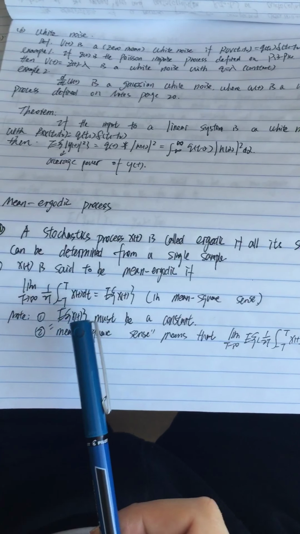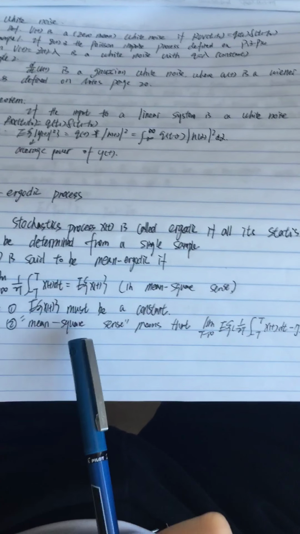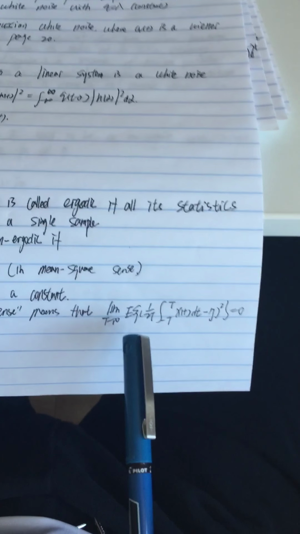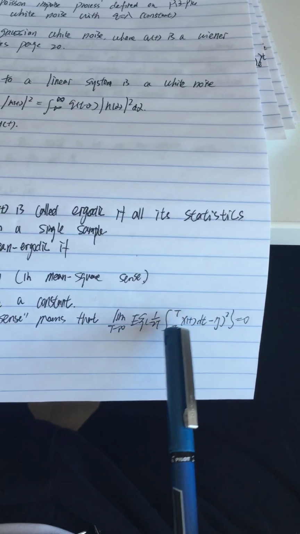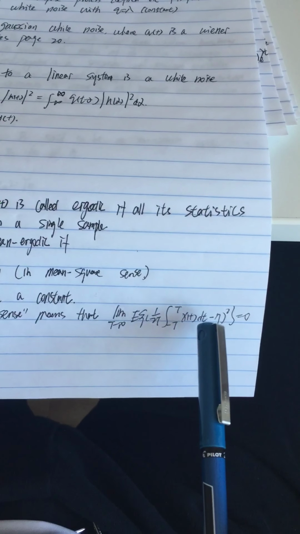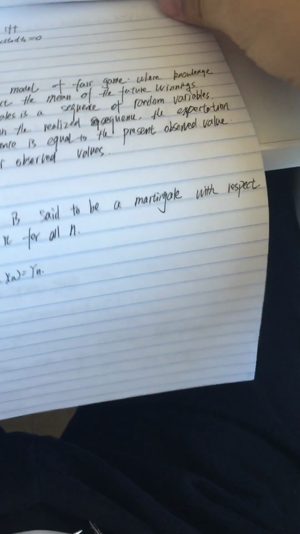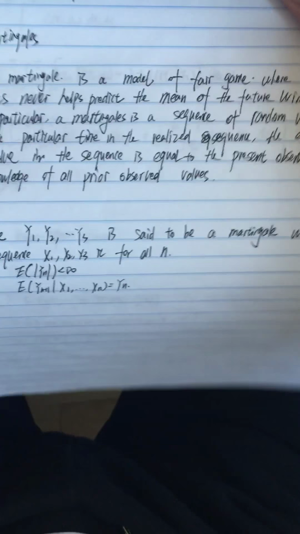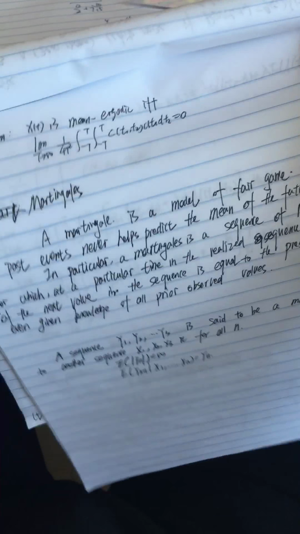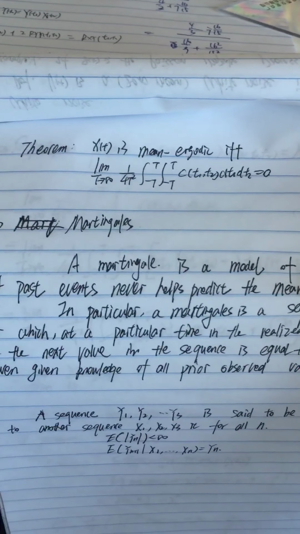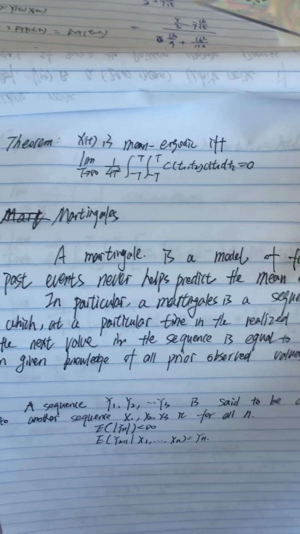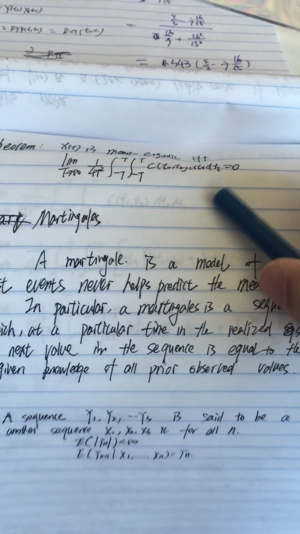Notice that the mean of x(t) must be a constant, and the mean square sense means that the limit as T goes to infinity of the mean of the quantity (1 over 2T times the integral from minus T to T of x(t) dt, minus the mean) squared is equal to 0. And the theorem: x(t) is mean ergodic if and only if this is equal to 0.